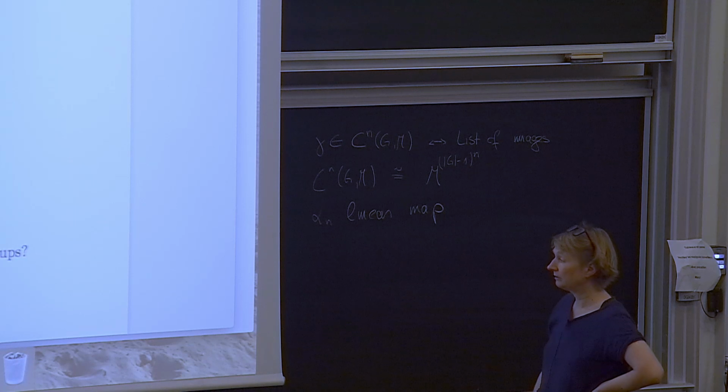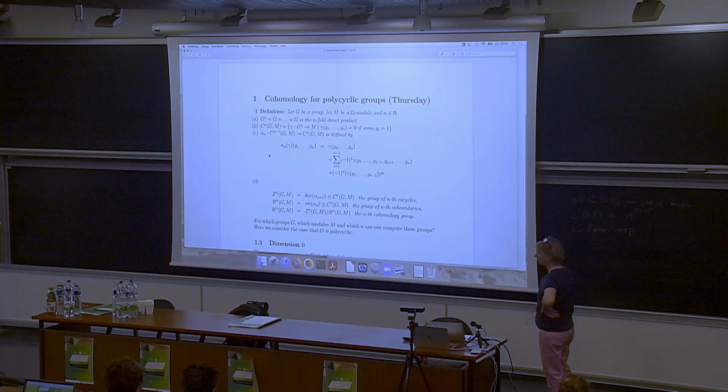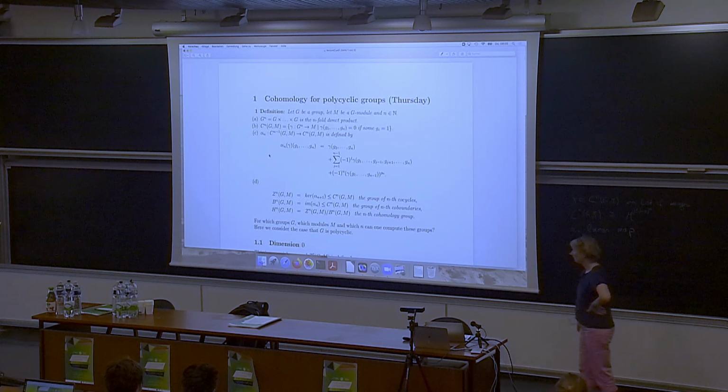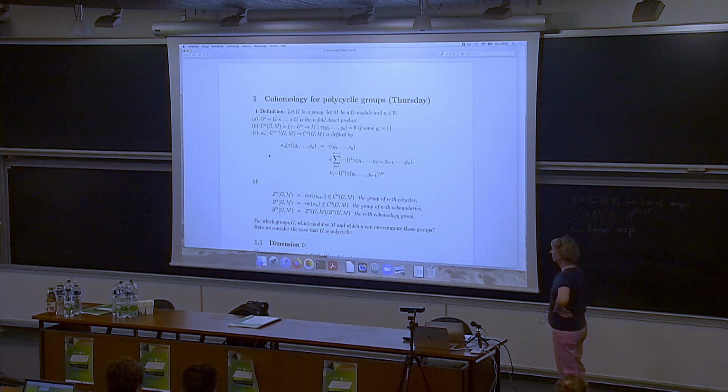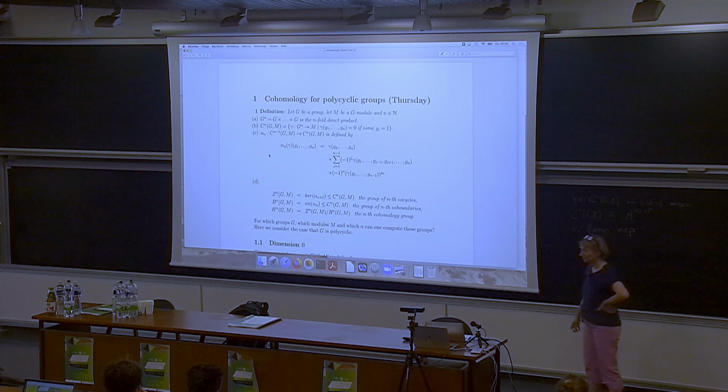And the nth cohomology group is then the quotient of the two. You would have to prove that the coboundaries are a subspace of the cocycles, but this has been done long ago, so we all know this is actually the case, and therefore you can write down the quotient, and that's the cohomology group.